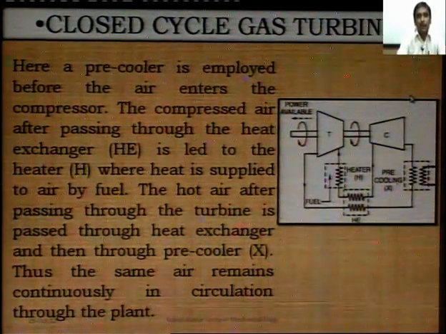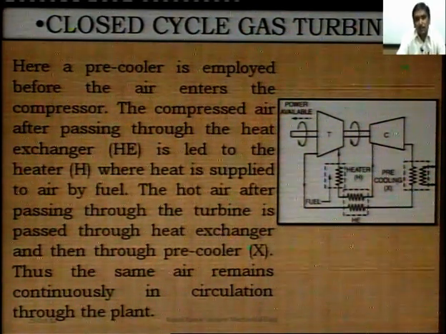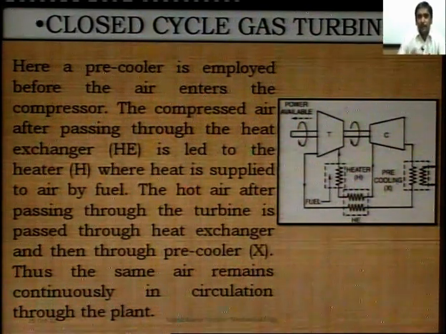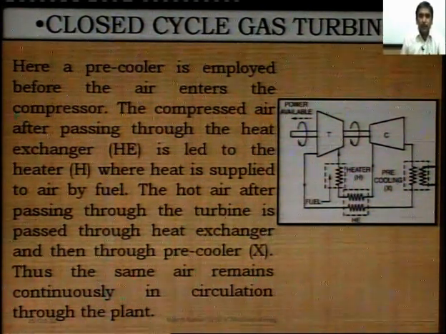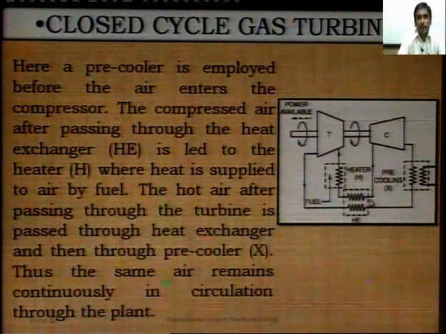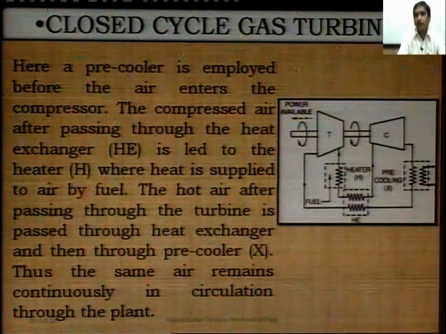The hot air after passing through the turbine is passed through the heat exchanger and then through pre-cooler X, and this is the pre-cooler X. Thus the same air remains continuously in circulation through the plant.